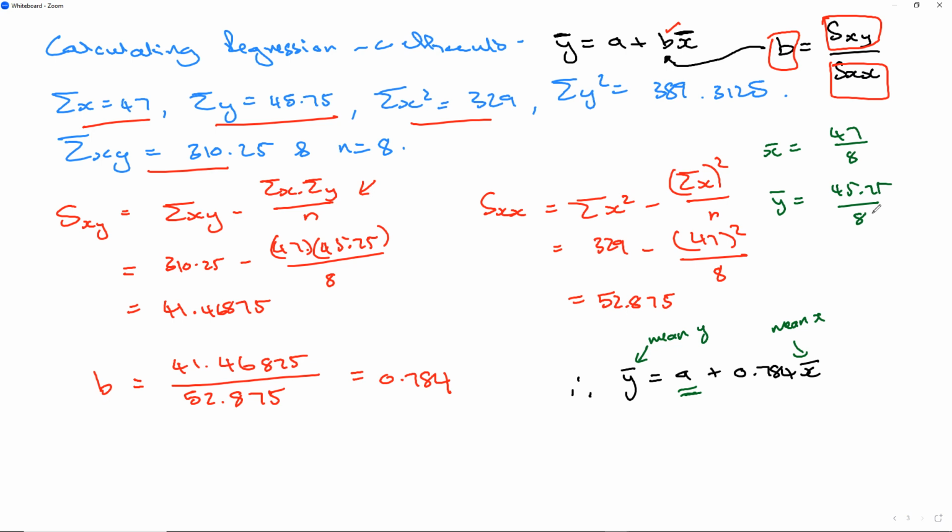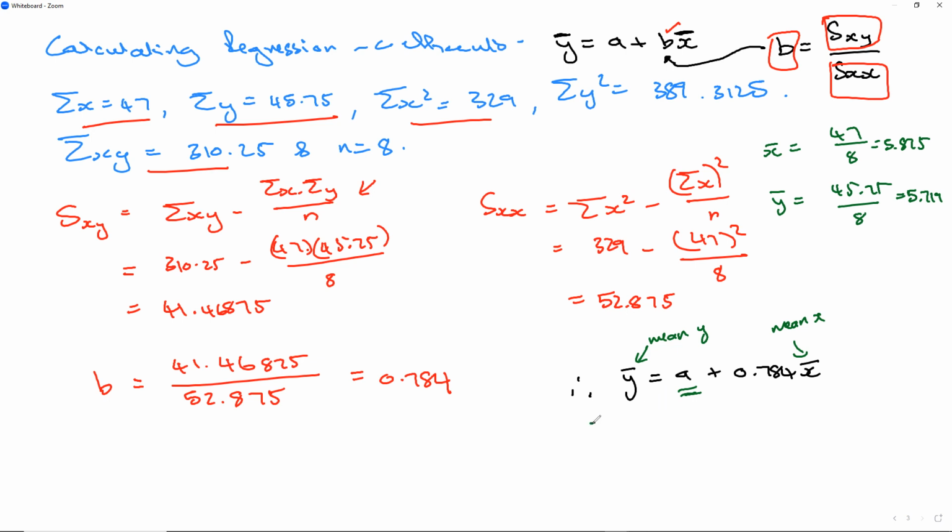So 47 divided by 8 is 5.875, and 45.75 divided by 8 comes to 5.719. Okay.